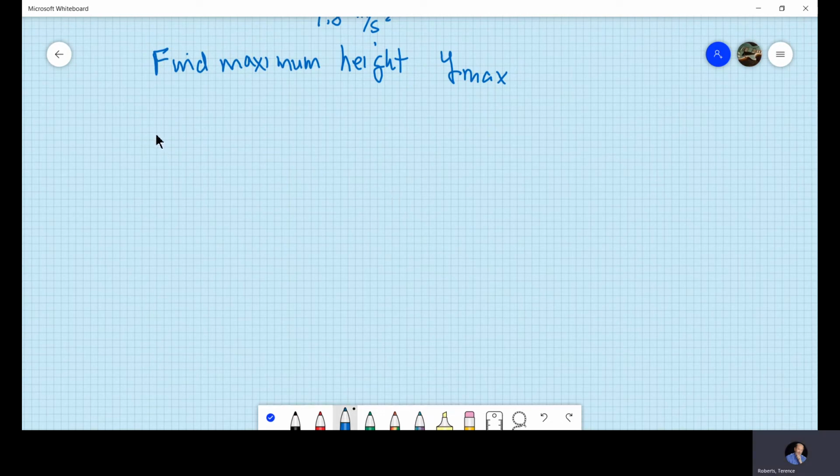Okay, so to find Y max, this equation right here is a good one to use. And we can change it around to fit what we need it for. So first of all, as the projectile goes up to Y max, it's Y1 and Y2.